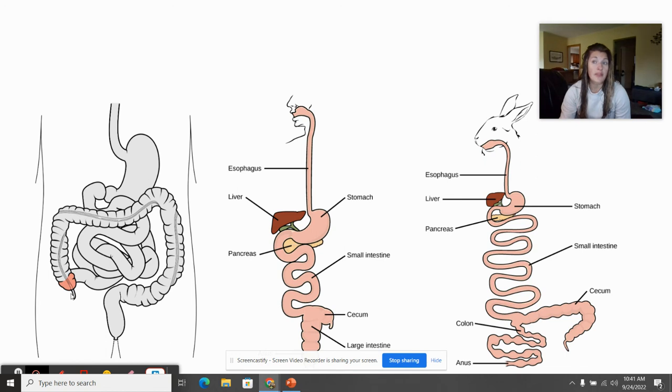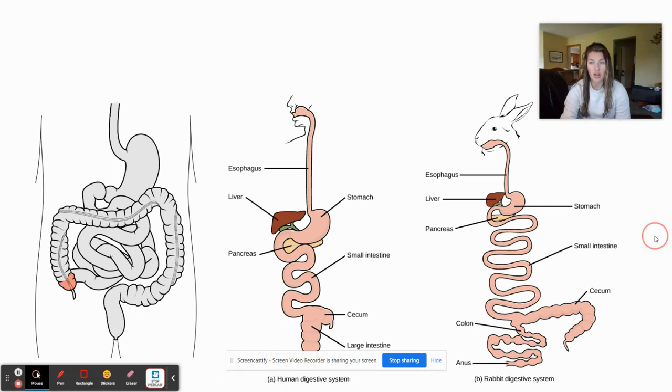So that's one of the hypotheses of why we have that appendix and why it's kind of tiny. And it's actually on our little tiny cecum that we have as omnivores. And this rabbit has a huge cecum because they eat grass and sticks and berries and all of that good stuff.